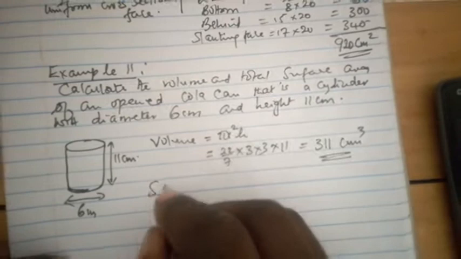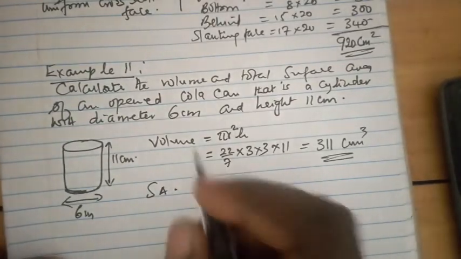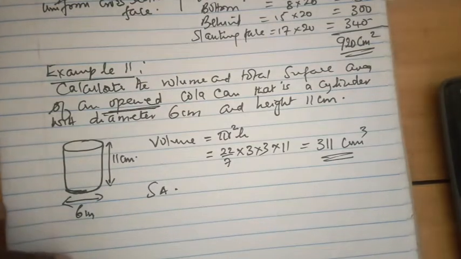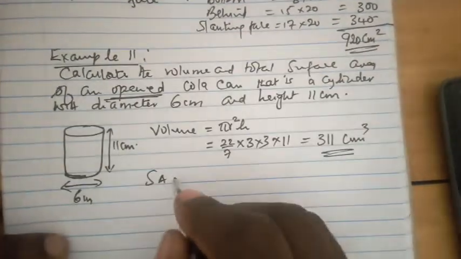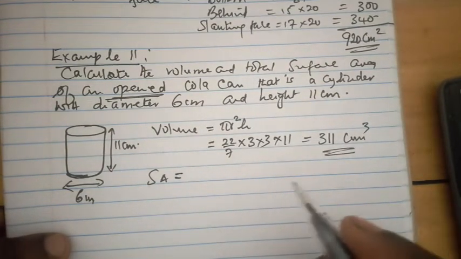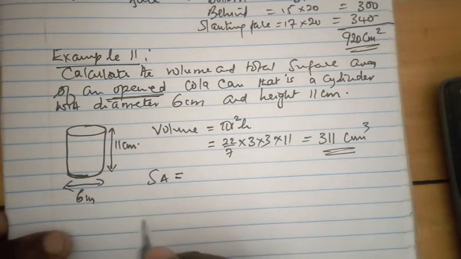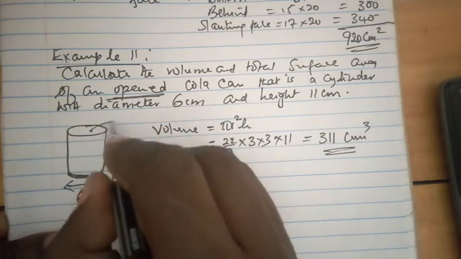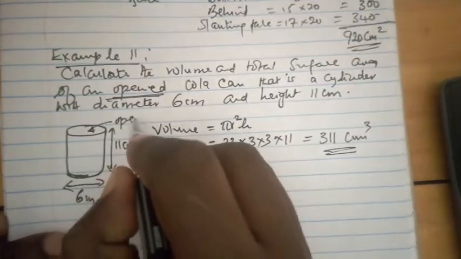For the surface area, you have to go back to the question, an opened collar bottle, because the surface area is the total area of all the surfaces, and our bottle is open on top. So we are going to open it up, and since on top there is nothing, this part is open.